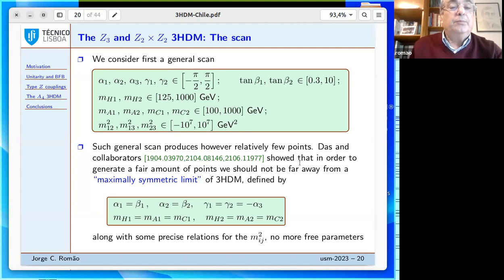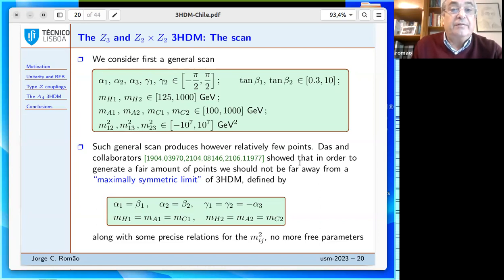However, if you do that, you will find out that once you impose all your constraints, the scan produces very, very few points. For instance, for Z3, with the latest LHC data from ATLAS, you get 1.4 out of 10 to the 10 random points.